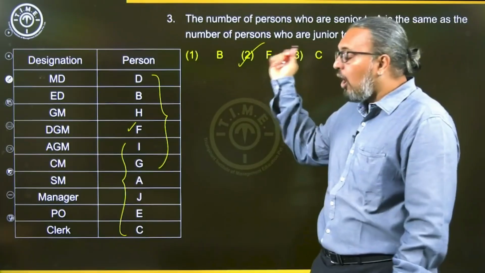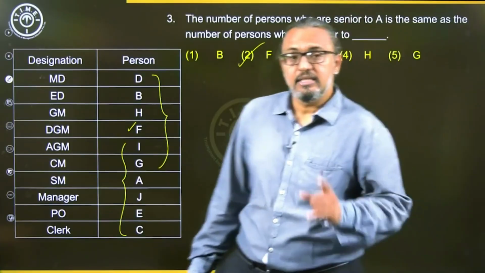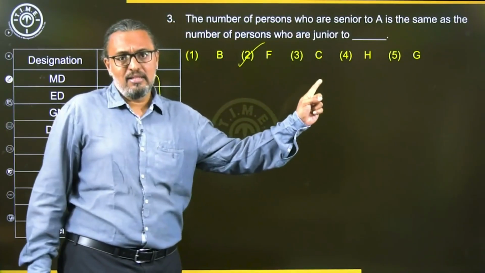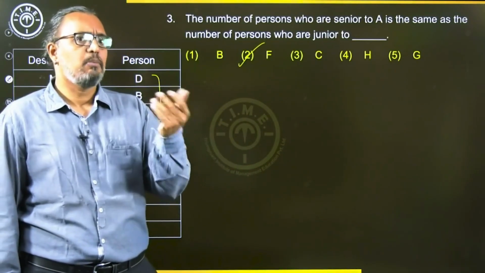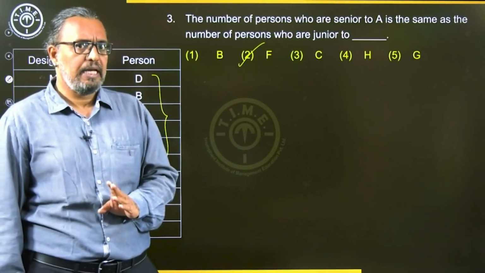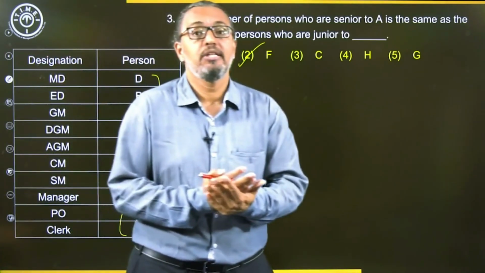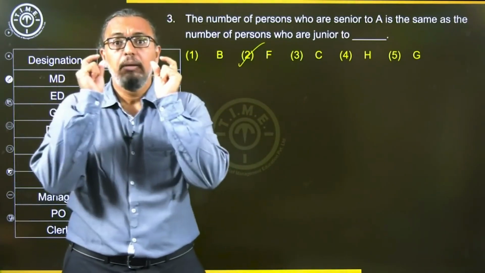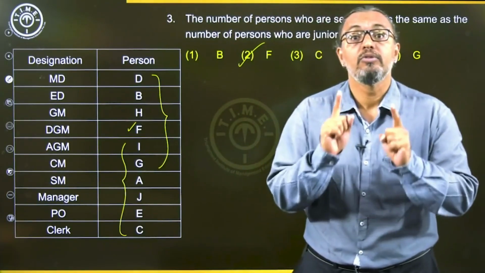So, basically how you have to look at this is, you need not count the number basically. Just when you get a question like this, sometimes you will get a condition also like this. Number of people senior to A is same as number of people junior to F. Correct? Now, in this case, when you have a condition like that, look at the positions. Whenever you have this condition, the positions of those two people should be the same, but from opposite ends.